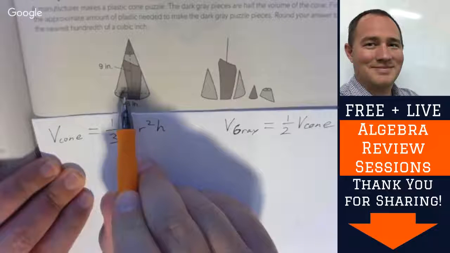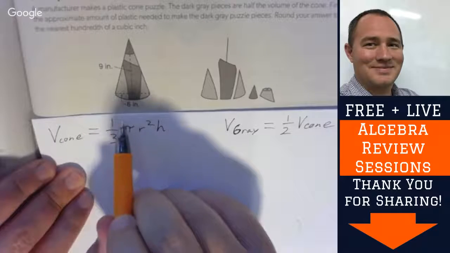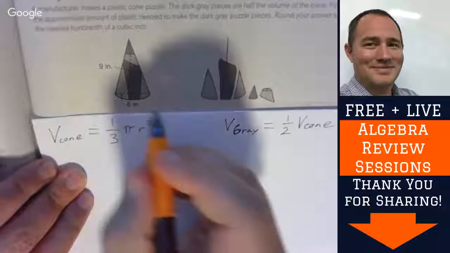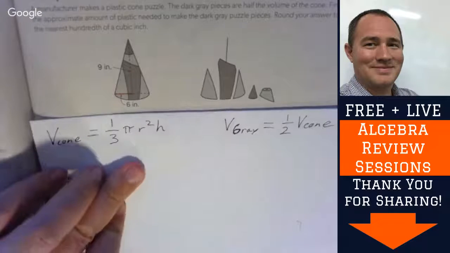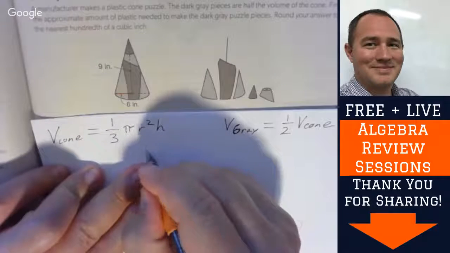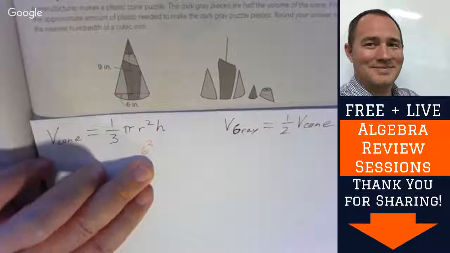The fact that it's pointing over here to the left makes me believe that it's just this part that is 6, so that the radius really is 6. So let me go ahead and put that in. So 6 in for R.